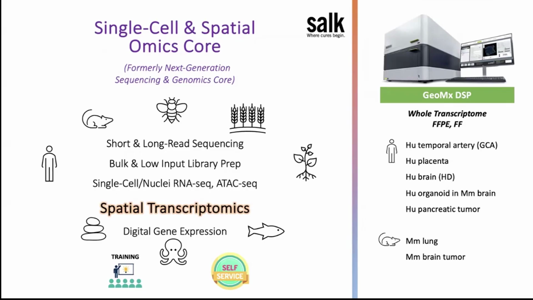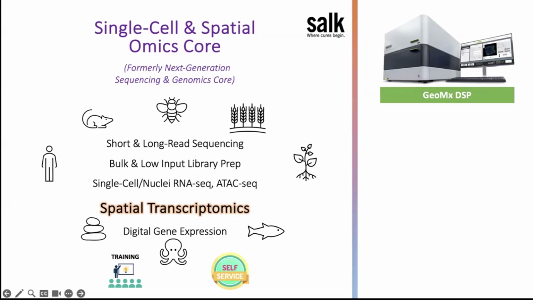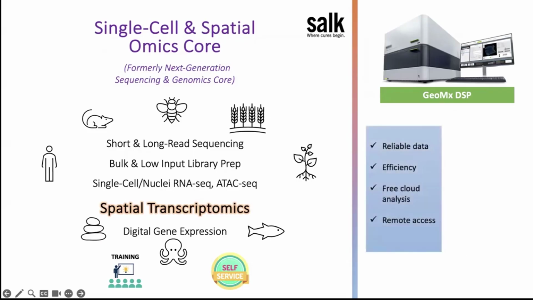We have run so far only whole transcriptome assays on FFPE samples and fresh frozen samples, on human and mouse species mainly. I listed here all the types of tissues we have worked on. What we can say is this is a reliable instrument.